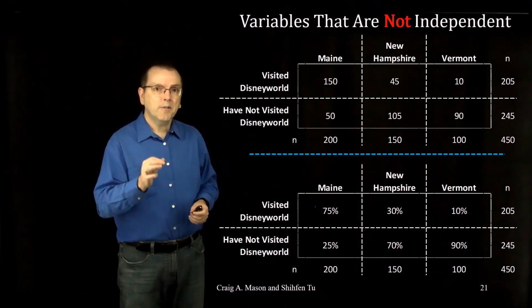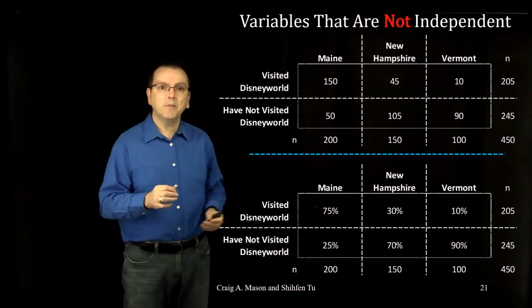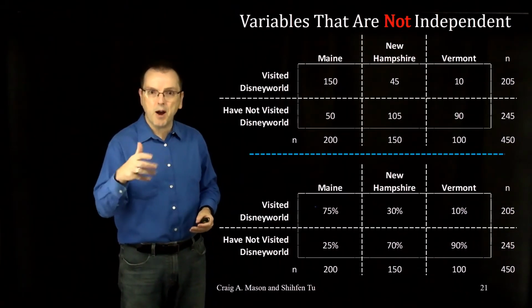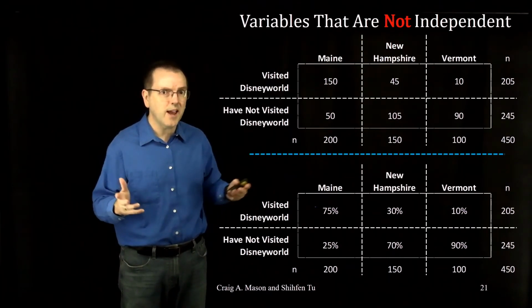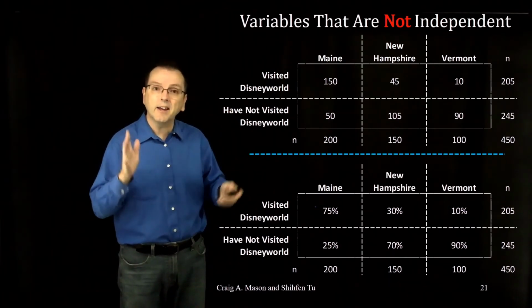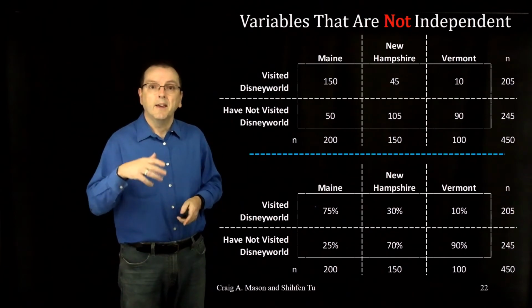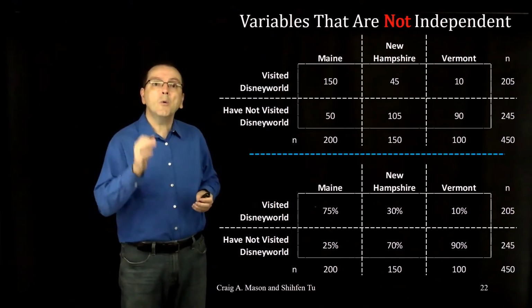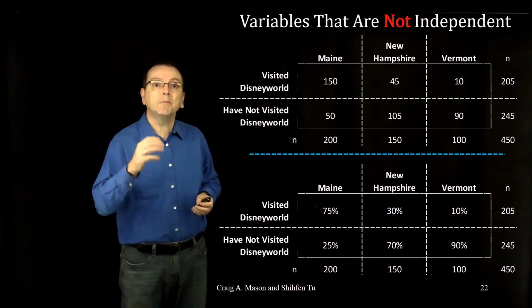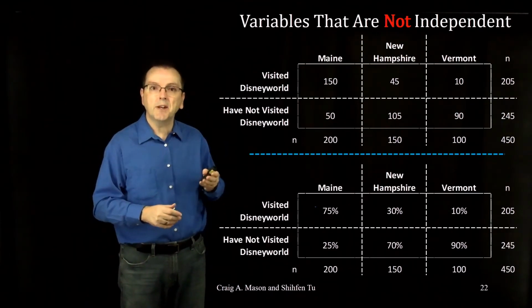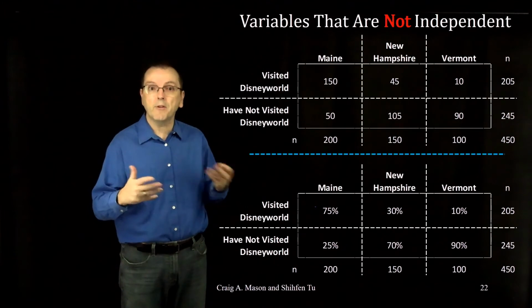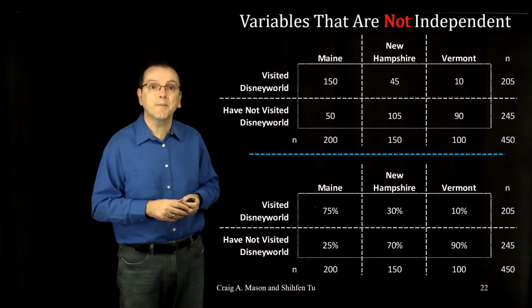The group you're in for the state variable does influence the probability that you've visited Disney. They're no longer the same. They're not independent. In this case, knowing something about one variable, which state you're in, does tell you something about the other variable, whether or not you have visited Disney.